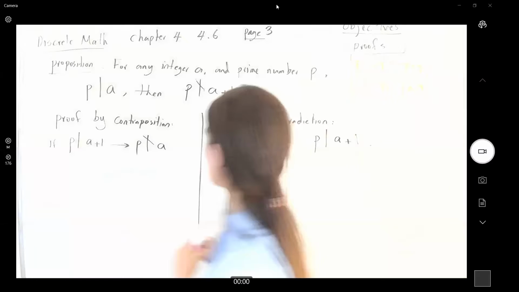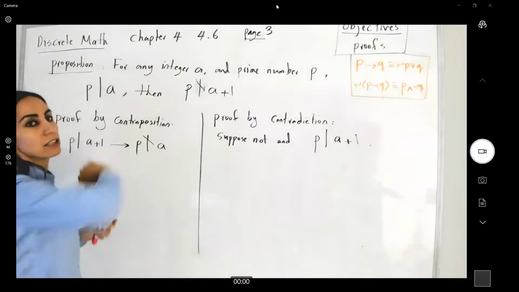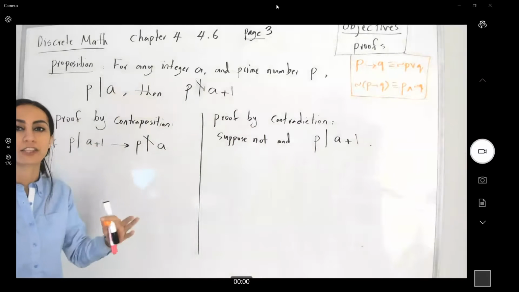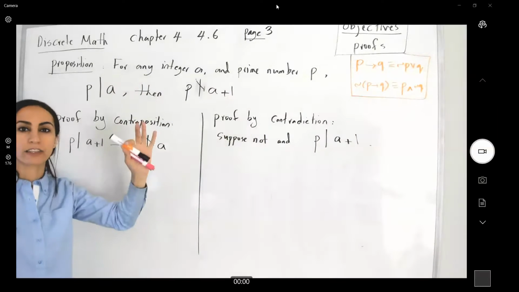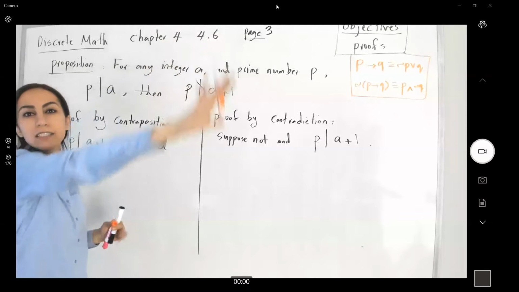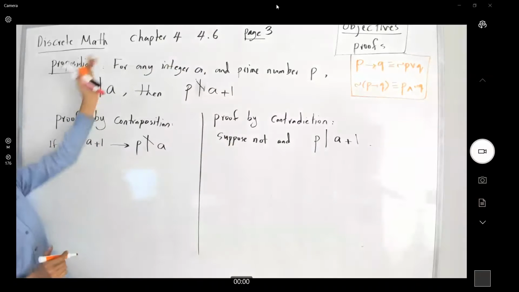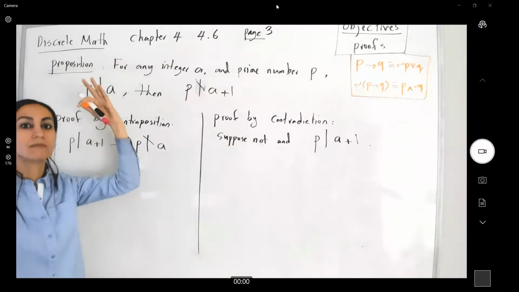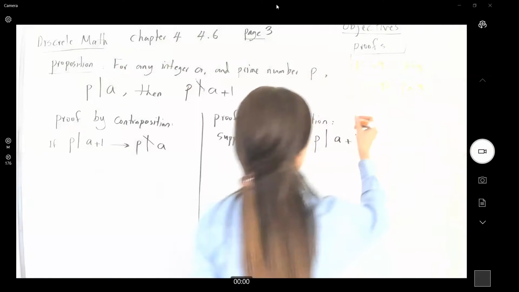Remember that it says for any integer. Proof by contradiction means that we're contradicting the whole statement. What is the negation of for all? There exists.